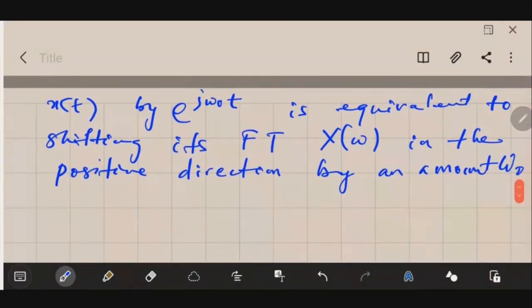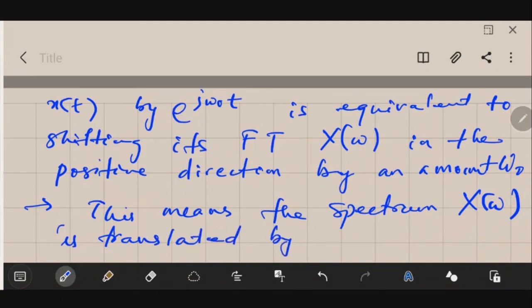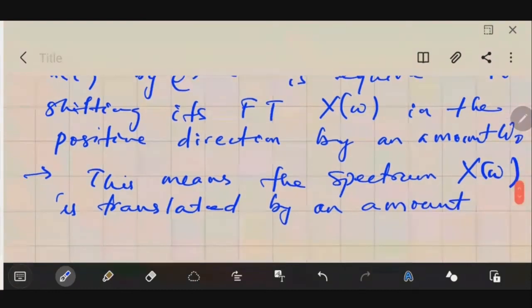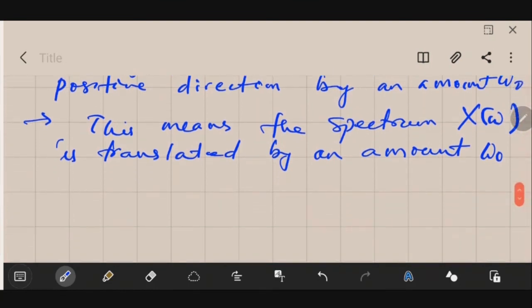We could also say that the spectrum of X of omega is translated by an amount omega 0. This means the spectrum capital X of omega is translated by an amount omega 0. Let us see what it means mathematically.